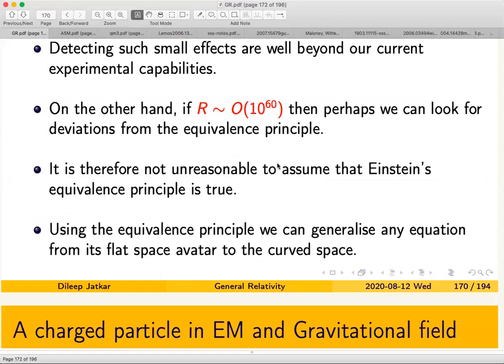So, in that sense, if you want to do some local experiments to detect effects of this kind, it may be a reasonable thing to assume that Einstein's equivalence principle is true for all practical purposes, and ignore terms of this kind. Okay.